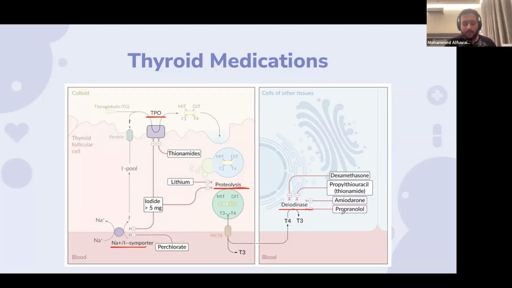Another important concept: methimazole is teratogenic in the first trimester. So if you have a patient who's pregnant in the first trimester, do you prefer to give propylthiouracil or methimazole? PTU, propylthiouracil. After the first trimester, you switch to methimazole for the second and third trimesters.